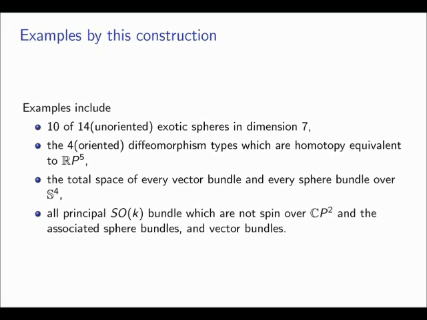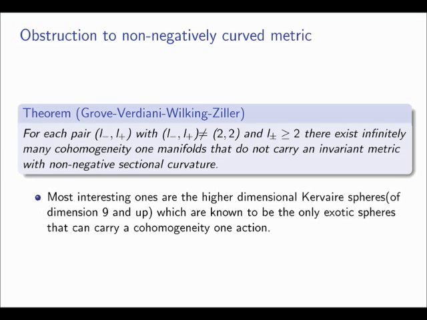So Grove and Ziller asked whether this is true for manifolds in general: for any cohomogeneity one manifold, do we have an invariant metric with non-negative sectional curvature? The answer to this question is actually no. So you see the difference from the homogeneous space. For each pair, this gives you the codimension. If this pair is not equal to 2, 2, then it fails; when L minus and L plus are equal to 2, 2, this is covered by the construction by Grove and Ziller.